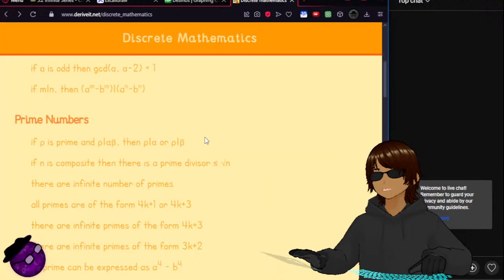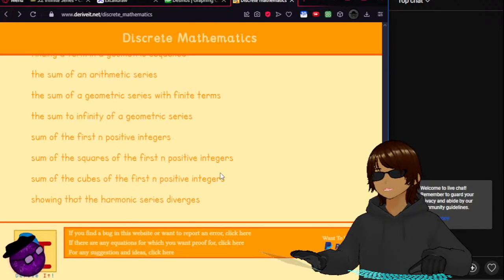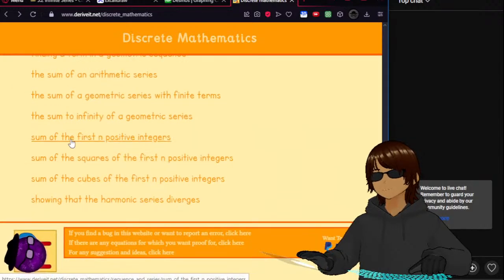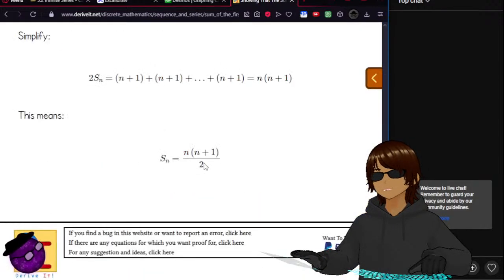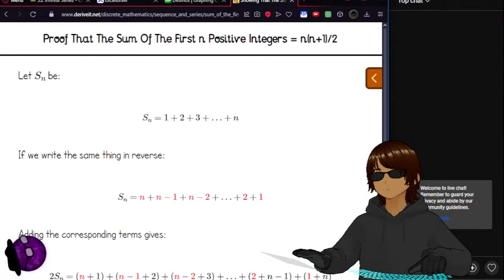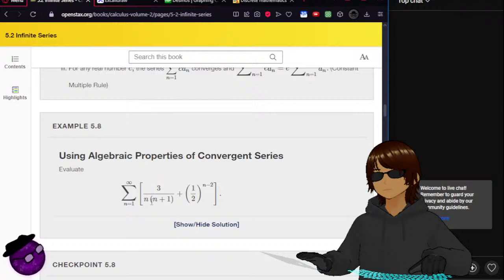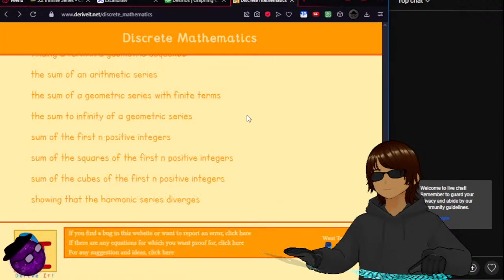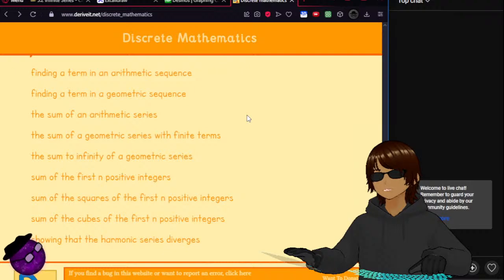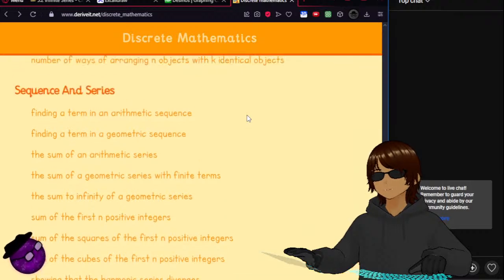Okay, I need to make changes for the harmonic series one. Anyways, sum of the first n. Also, I need to prove that the sum of 1 over n times n plus 1 converges to 1.